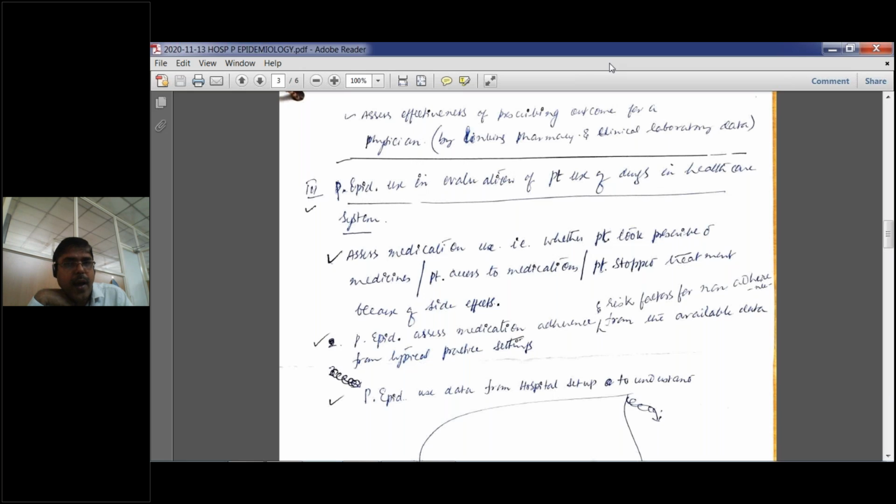So what will happen to the outcome of the disease in the patients? Anybody for that matter? What will happen to the disease outcome? No answer?